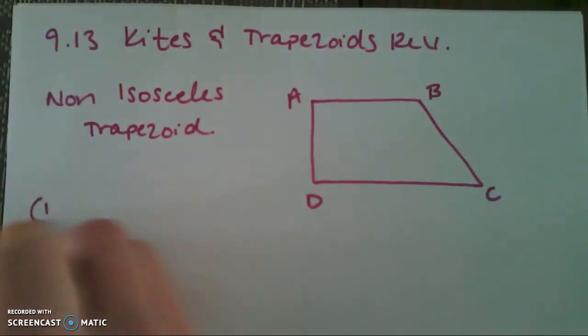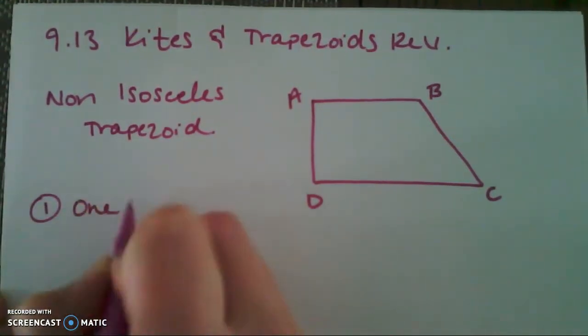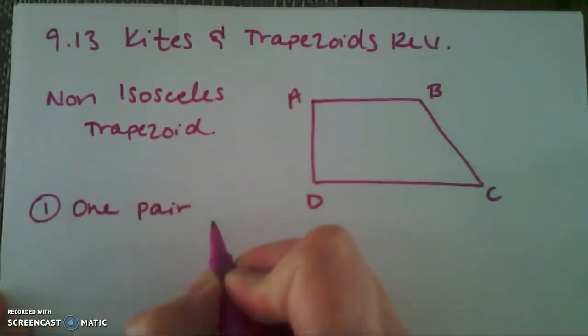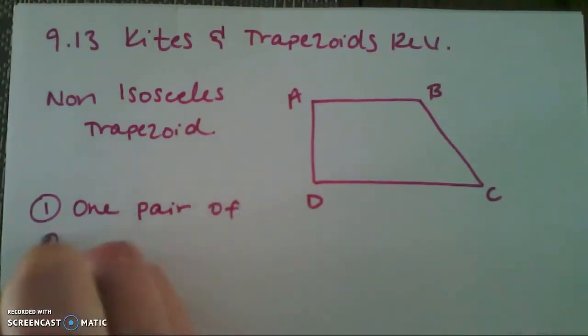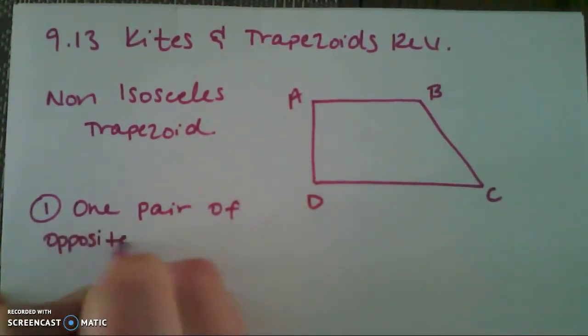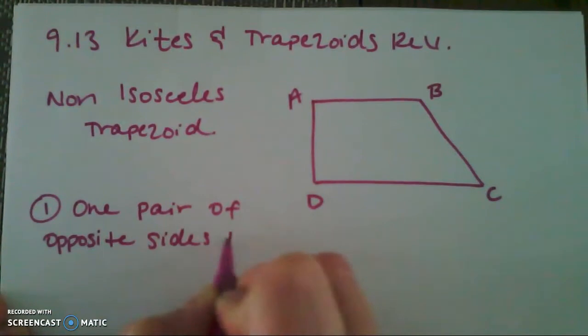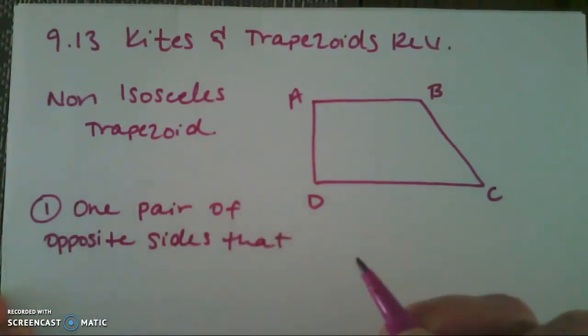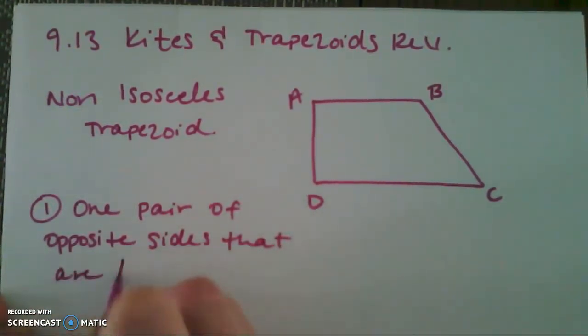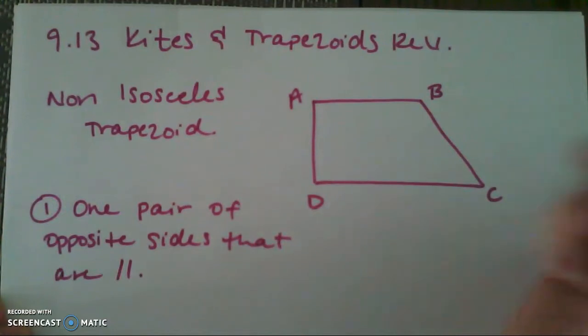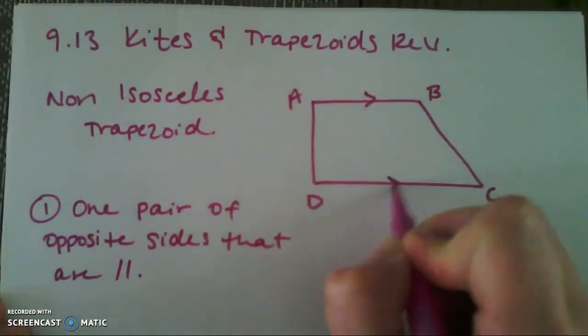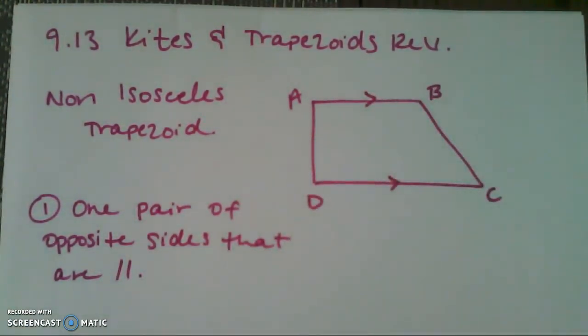The first is that there is one pair of opposite sides that are parallel. And in the example that I've drawn, those pair of opposite sides would be sides AB and DC.